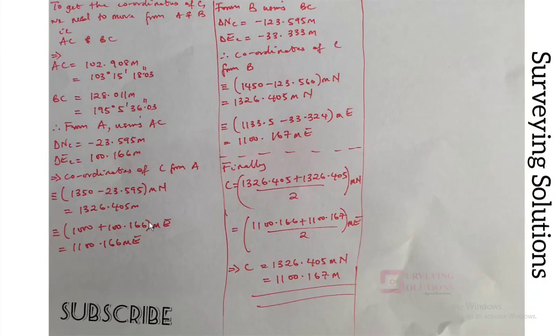Now remember that there are 2 points where we are going to move from. So from B using BC, and by using BC we mean using this parameter of distance and bearing. So we still use the rec command, which is Shift minus, which gives you rec. Then the distance is 128.011. Then comma, we have a bearing of 195 degrees 5 minutes 36.03 seconds, right?